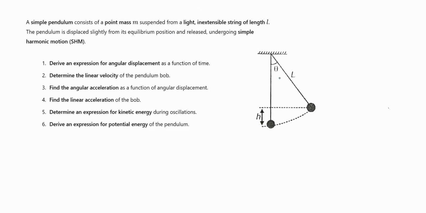So initially the pendulum is in vertical, but we have held it and moved it in this manner, then it undergoes simple harmonic motion. Now we have to derive the expression for angular displacement, linear velocity, angular acceleration, and linear acceleration, the expression for kinetic energy during oscillations, and also derive an expression for potential energy of the pendulum.